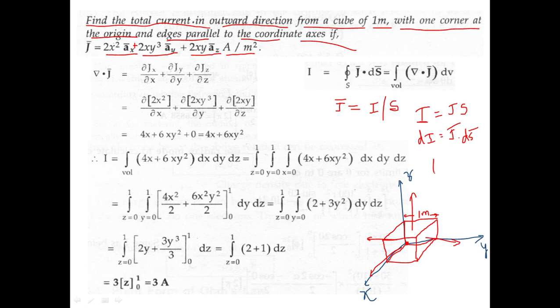Now how will we get I? I will be equal to, for a closed surface, closed integral of j vector dot ds vector.